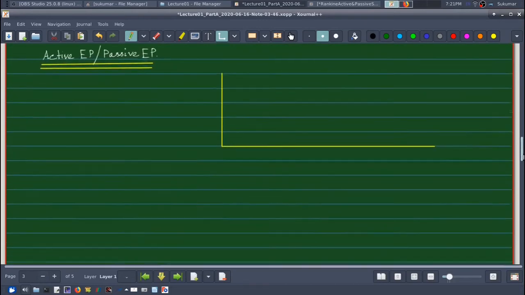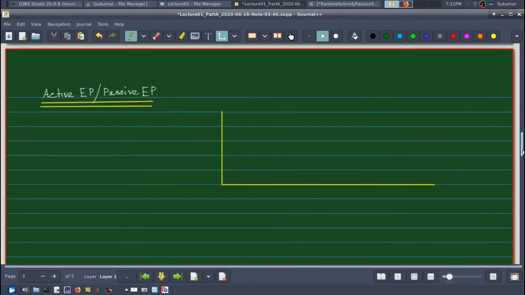Now there is something called Rankine's active or passive earth pressure theory. So we'll be discussing Rankine's theory now.